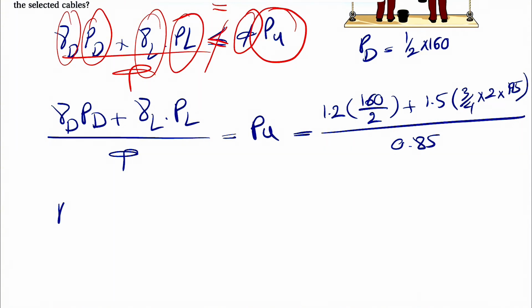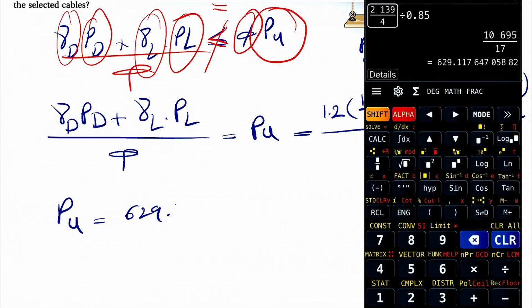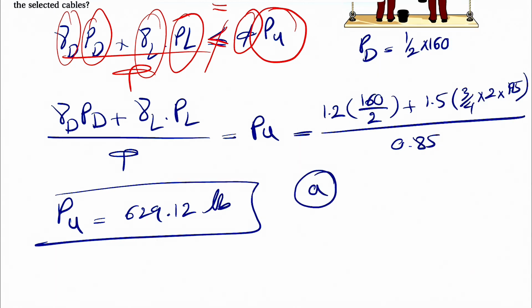So we can find the A part of the question, the minimum ultimate force. Let's calculate this: 1.2 times 80 plus 1.5 times 0.75 times 2 times 195, and we're going to divide that by 0.85. So our PU would be 629.12 pounds. That's the A part of the question.